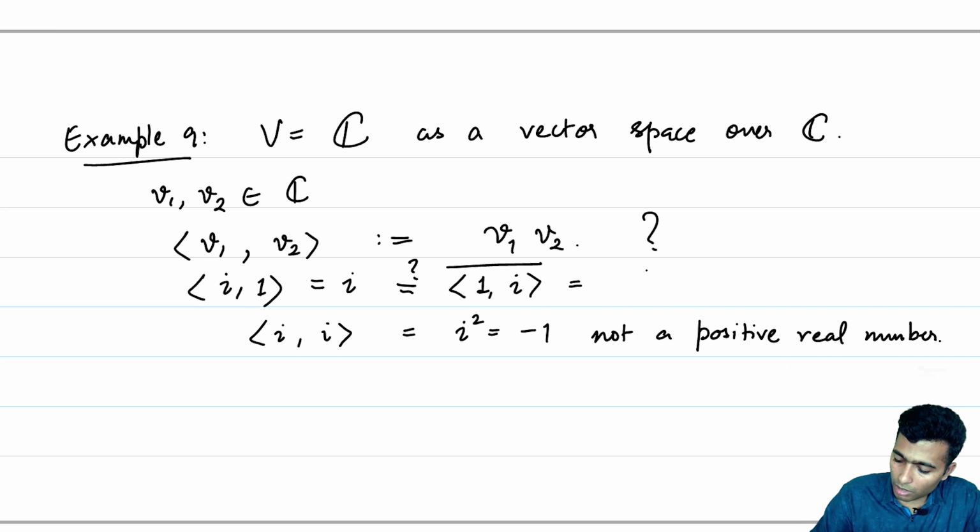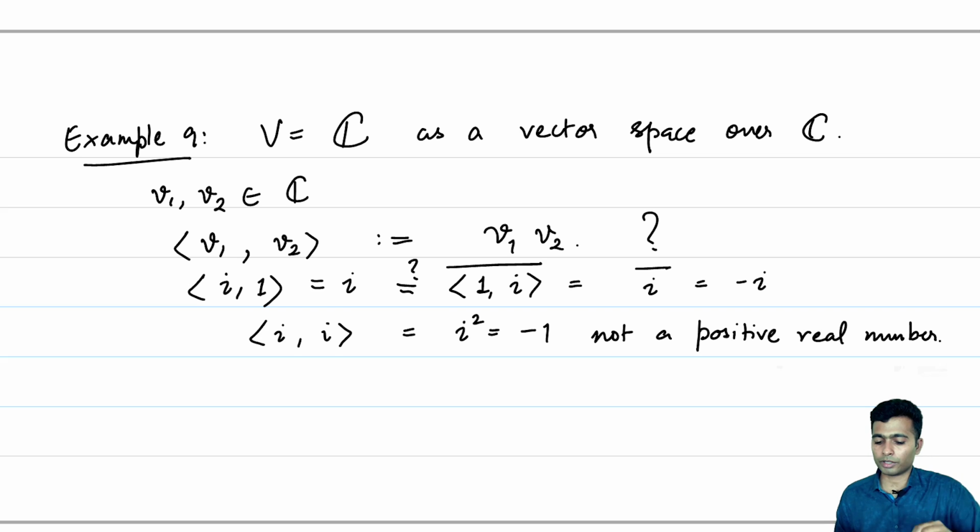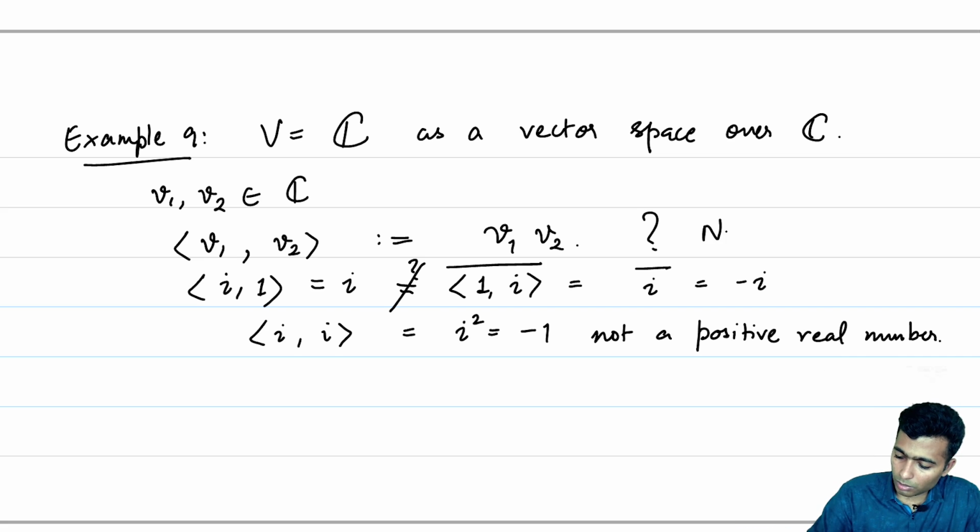This is going to be 1 times i, and its conjugate is equal to minus i, if you notice. So i is not equal to minus i, so this is not equal to the conjugate. So this is not conjugate symmetric, and the properties are not getting satisfied. So certainly there is something wrong with this definition. We cannot have this definition. So it's not a good definition, and it is not an inner product.